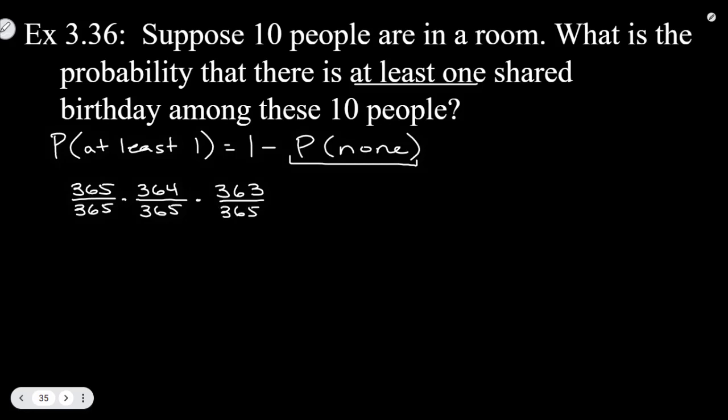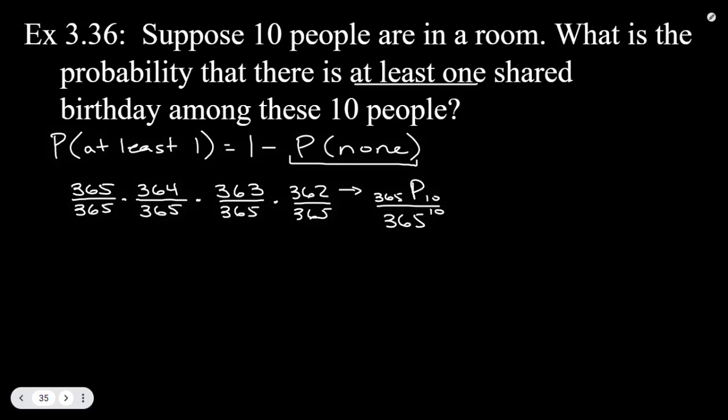And hopefully you're going to see the pattern here. The next person would have 362 out of 365. And so what happens is the top is 365P10, because that's going to continuously go down by 1 each time. And on the bottom, we have 365 raised to the 10th power.